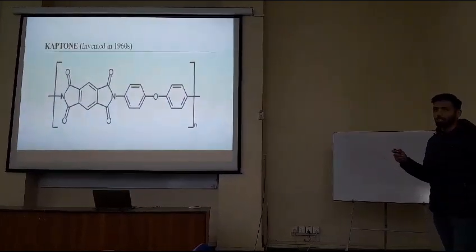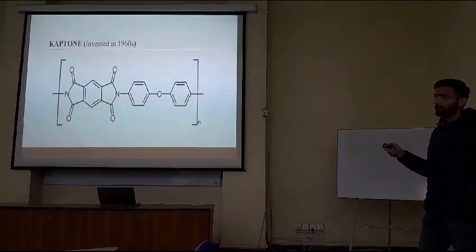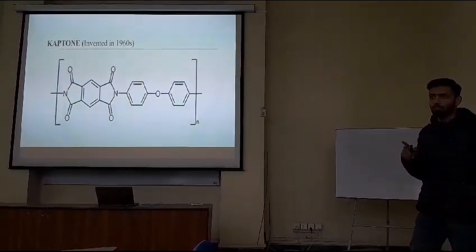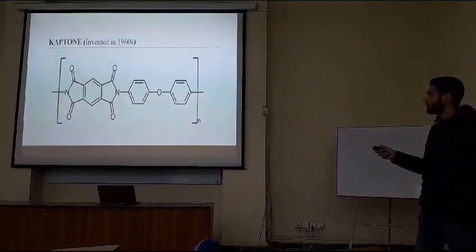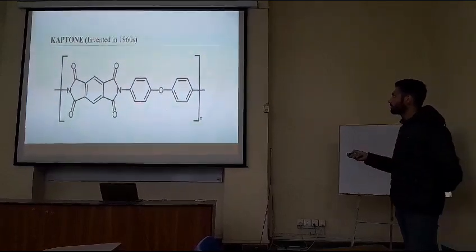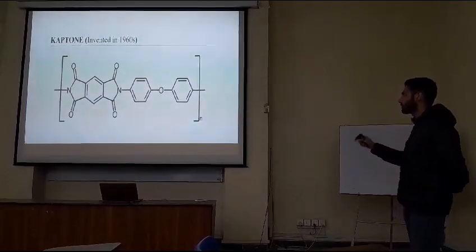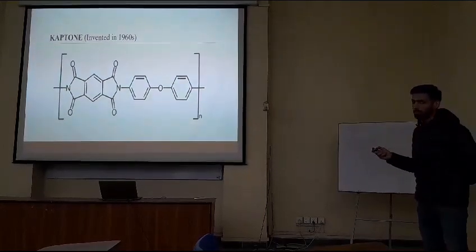Basically it is called polyimide because of this imide root, and it's a copolymer. There is a homopolymer, which is a single chain and only has one repeated structure. But here we have two structures that are going to be repeated in a chain. So this is called a copolymer.